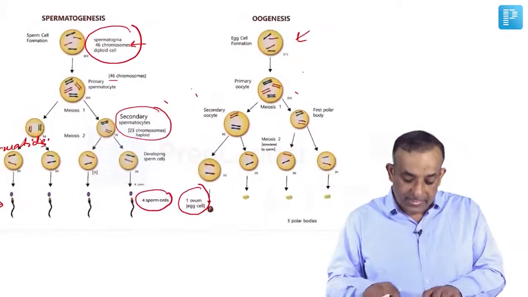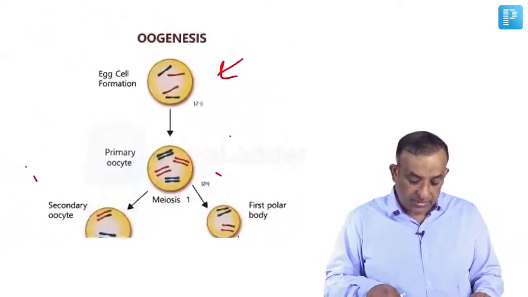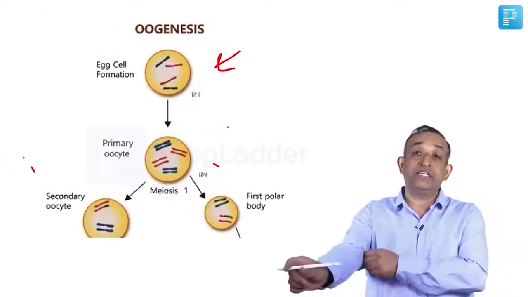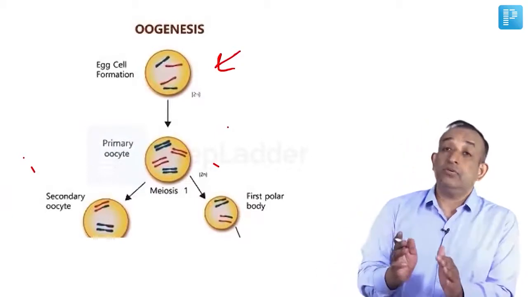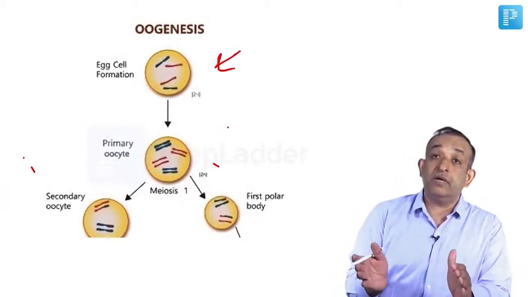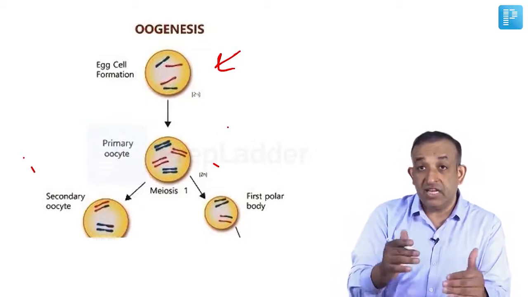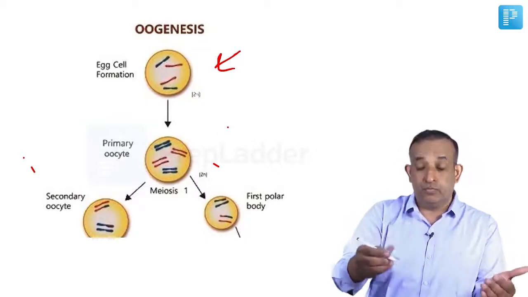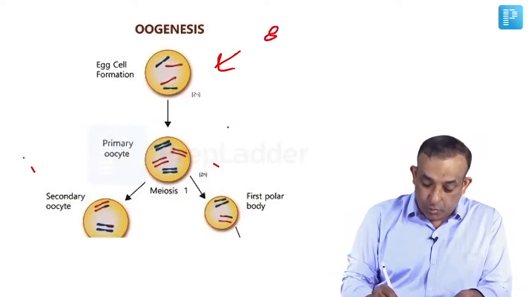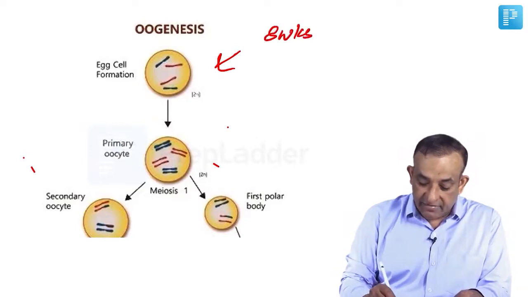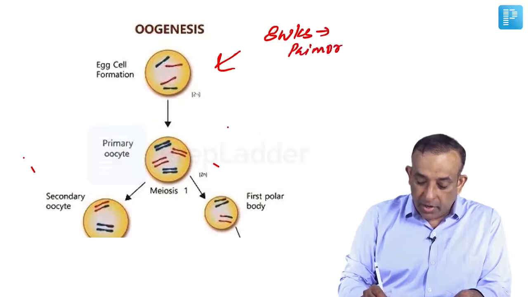Okay. So, let us see in oogenesis how things happen. Now, when does oogenesis start? We must remember oogenesis starts right from the intrauterine life of a girl. She starts it when she is in the mother's womb. As early as 8 weeks of intrauterine life, there are a lot of primordial follicles.